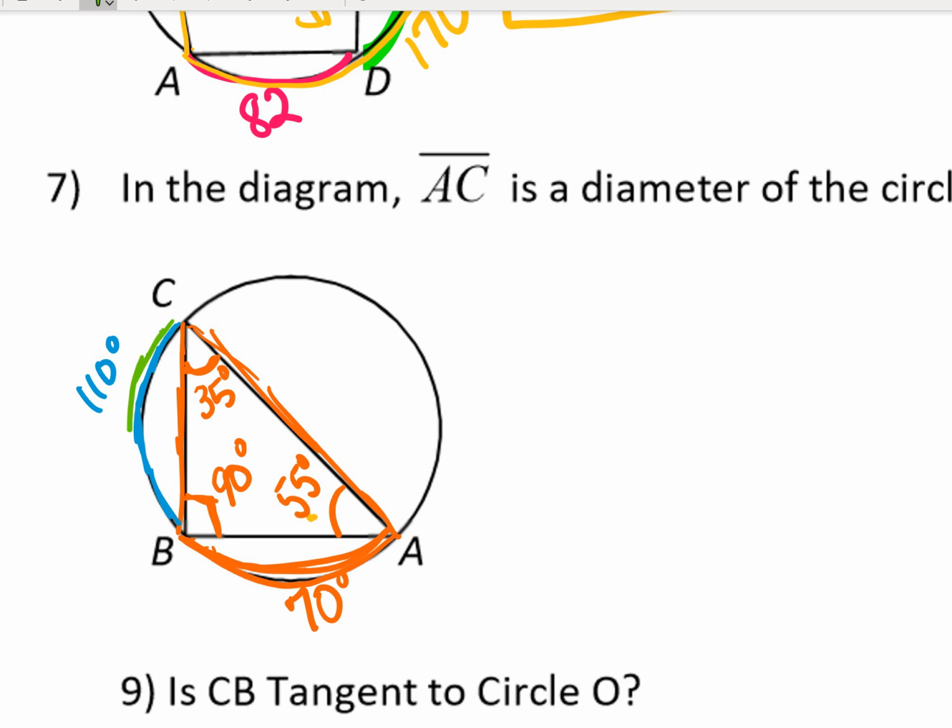So from C around to B around to A, we know would be 180 because CA was defined to be a diameter. So if this is 110 from C to B, then the difference of 180 and 110 would have to be AB. So 180 minus 110 would give you 70. And that would be another way to look at it. So there's multiple ways you can get to the answer sometimes.